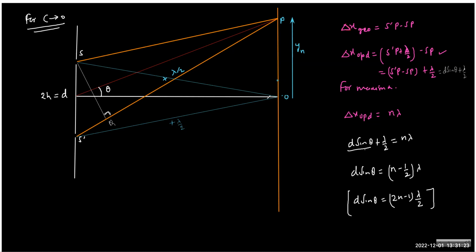And in that case, O becomes the central minima, which means near O you will see darkness. Do you realize this? Yes, sir. It will be a minimum.